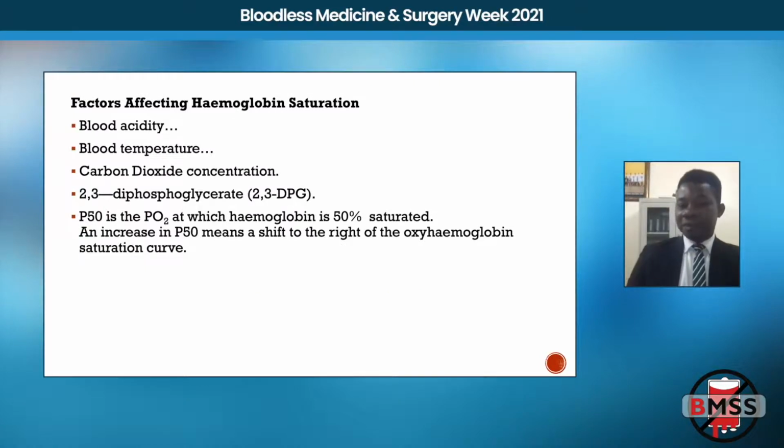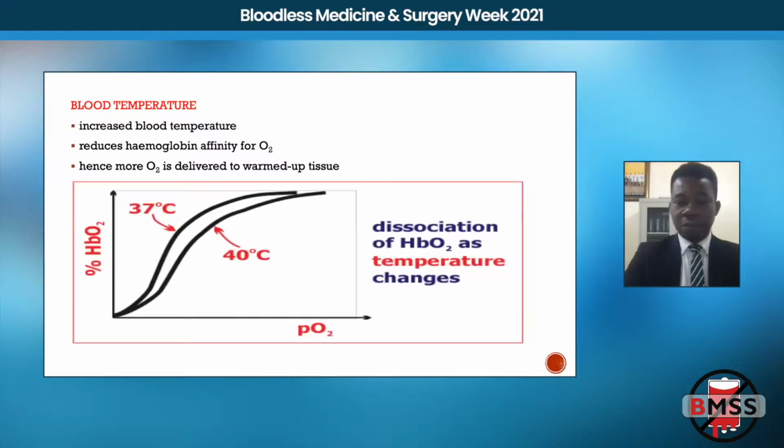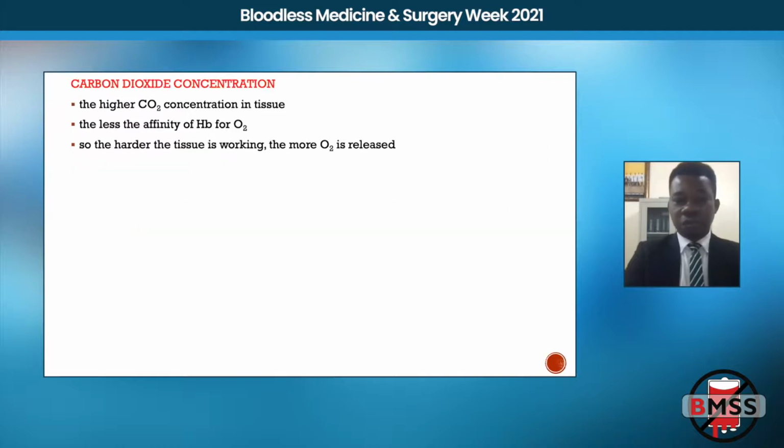So these are some of the factors that can affect the binding capacity of the oxyhemoglobin curve, the affinity of the oxygen to hemoglobin, and its readiness to deliver it to the tissues.